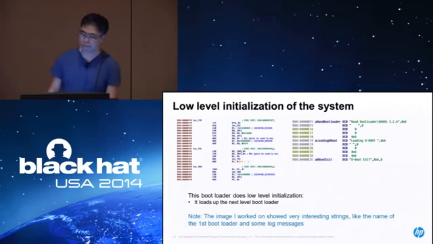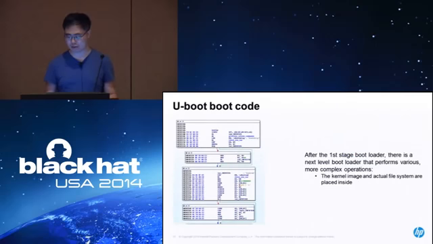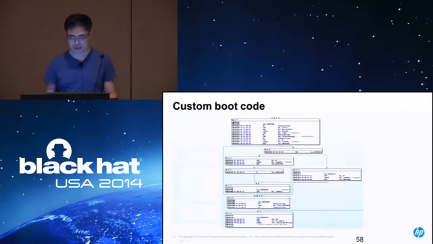And if you look further, the first stage bootloader looks like this, and it shows some very interesting strings, but it's really hard to understand unless you are familiar with the ARM instruction architecture. And on the U-Boot side, if you open up the U-Boot code, it actually shows some very interesting strings like U-Boot parameters and all these interesting stuff.